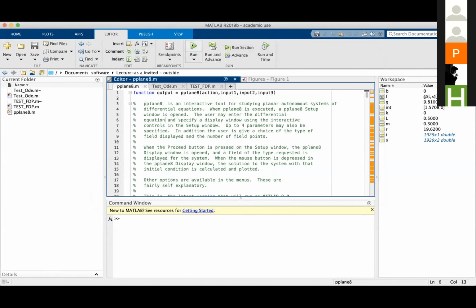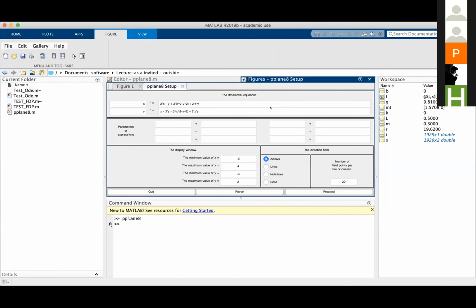So here I'll see my response, the phase portrait. Can you see the PP plan? Yeah, everything is visible in the MATLAB. Okay, very good. Now, because our system is different, I'll change this function.